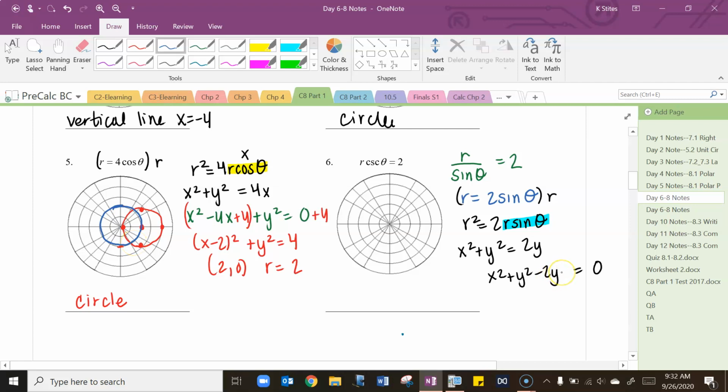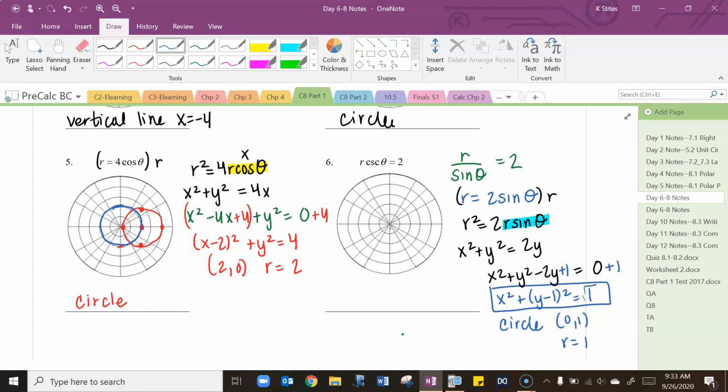So we'll have negative 2 divided by 2, squared. That's a plus 1 and a plus 1. And then we can go ahead and factor it. So this circle would have a center at (0, 1) and a radius of square root of 1, which is still 1.